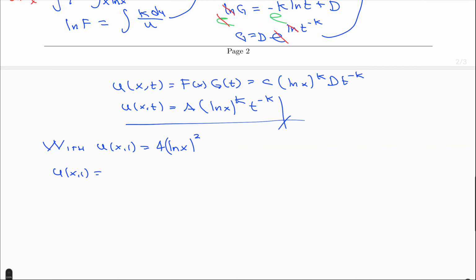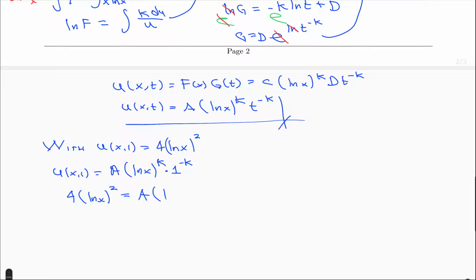a ln of x to the k power times 1 to the negative k power. Well, 1 to the negative k power is just 1. But what's u of x,1? Isn't that 4 ln x raised to the second power? And here 1 to the negative k is simply 1.